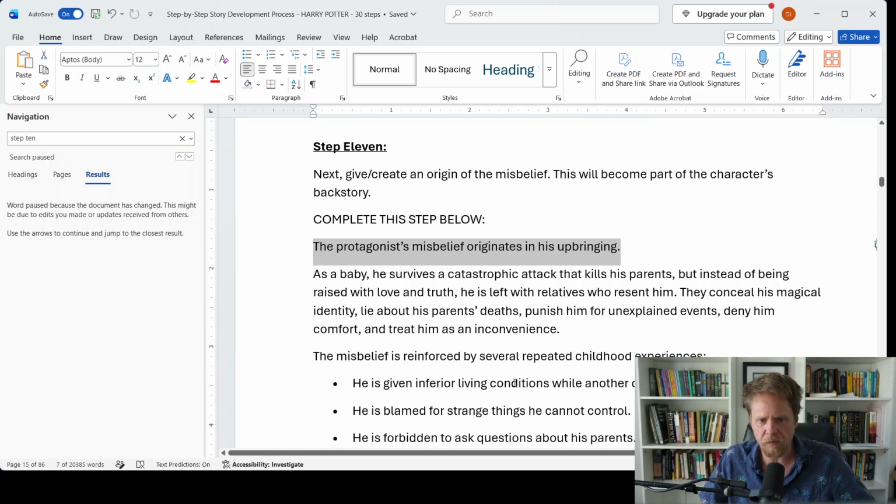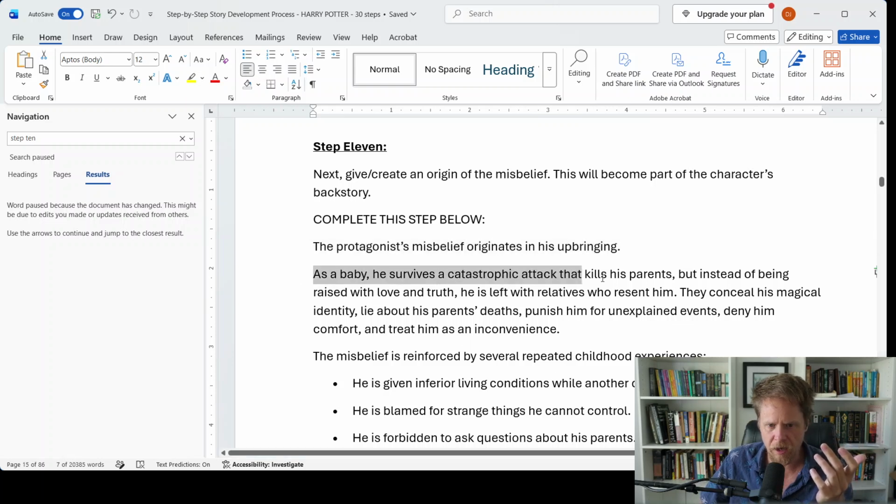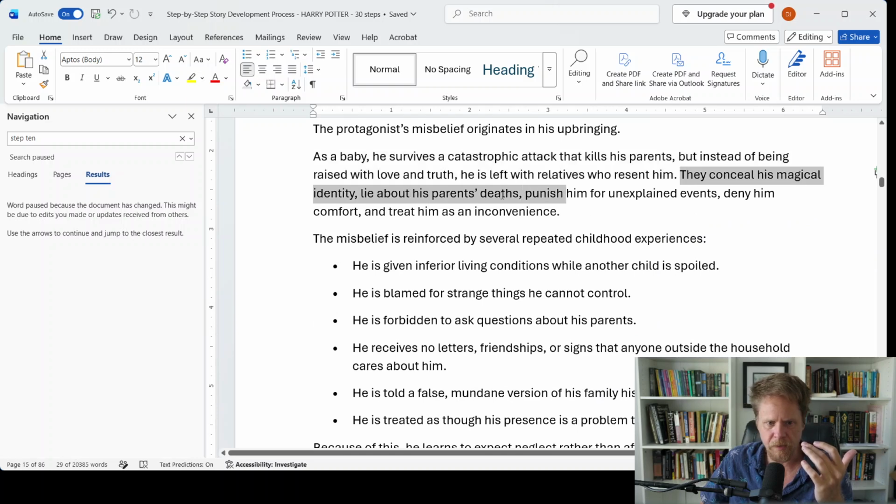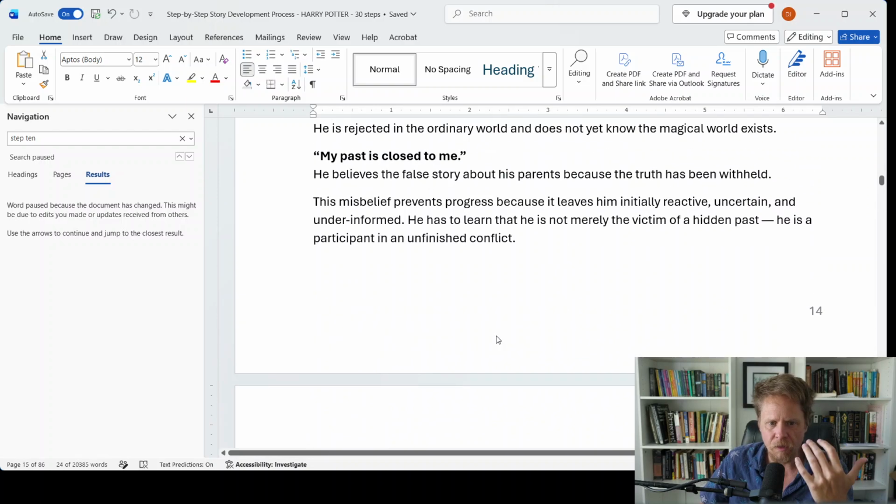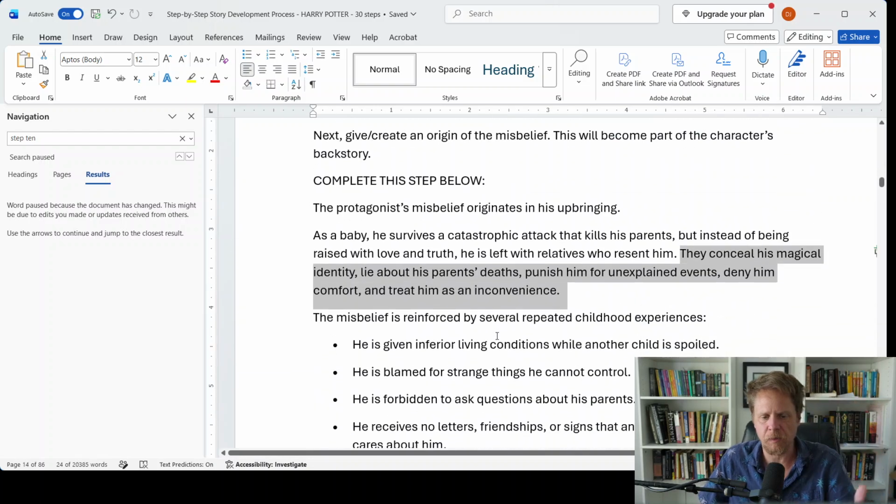The protagonist's misbelief 100% originates in his upbringing from the Dursleys. As a baby, he survives a catastrophic attack that kills his parents, but instead of being raised with love and truth, he is left with relatives who resent him. They conceal his magical abilities, and they lie to him about his parents' death and punish him for unexplained events, denying him comfort and treating him as an inconvenience, right? So that's why he has this misbelief.